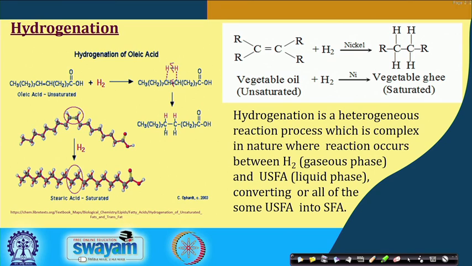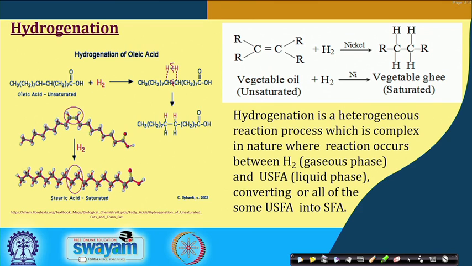Hydrogenation is a heterogeneous reaction process which is complex in nature, where different reactions occur between hydrogen, which is the gaseous phase, and unsaturated fatty acids, that is the liquid phase.